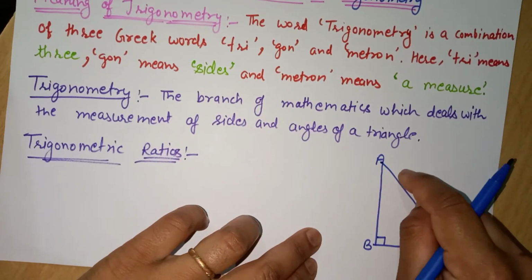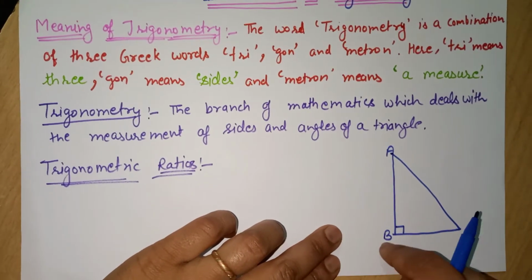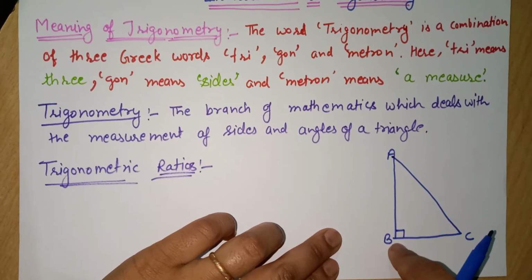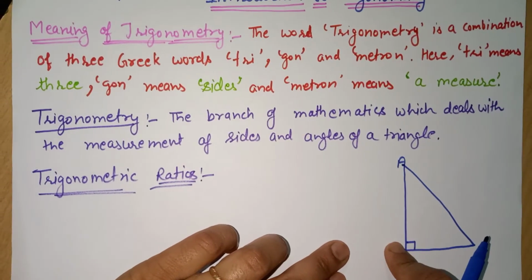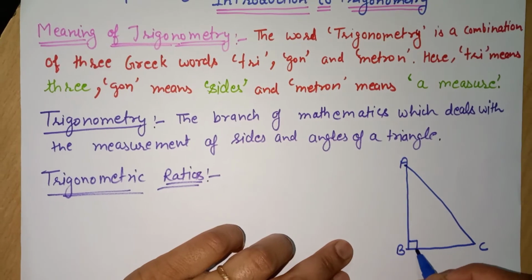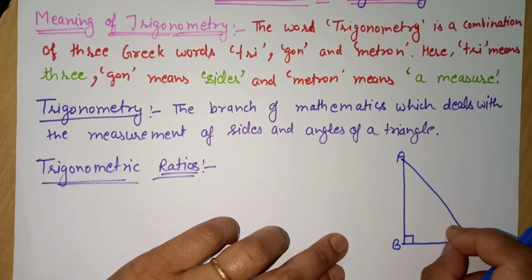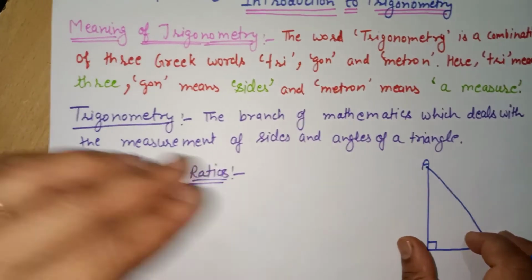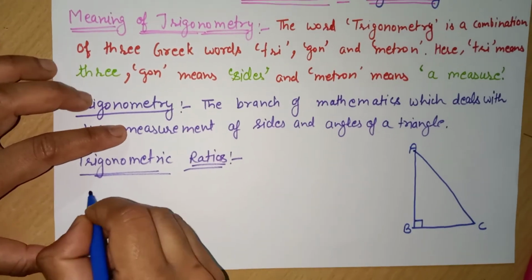Here both A and C are acute angles because angle B is 90 degrees, and we know that the sum of all three angles of a triangle is 180 degrees. So if B is 90 degrees, then the rest of the two angles must be acute angles, so that their sum is equal to 90 degrees.